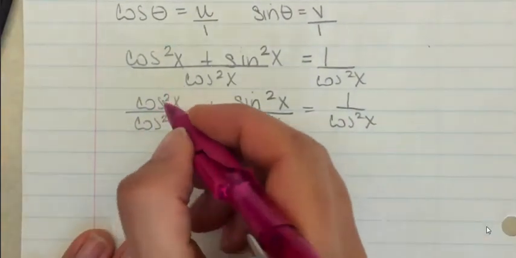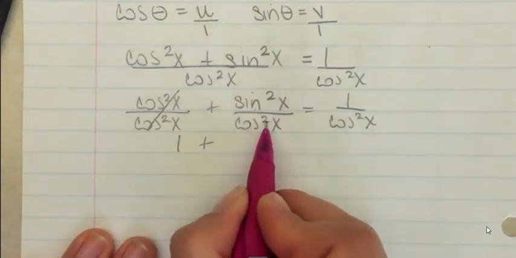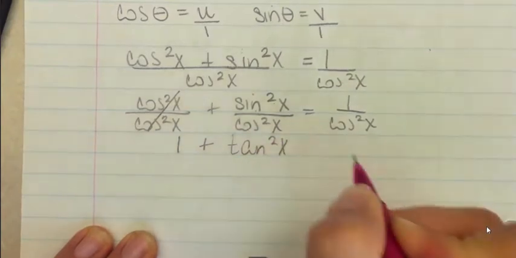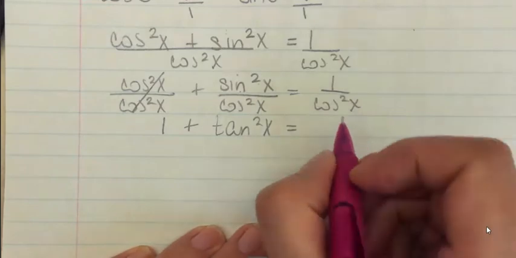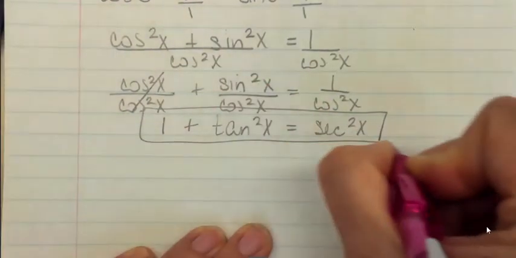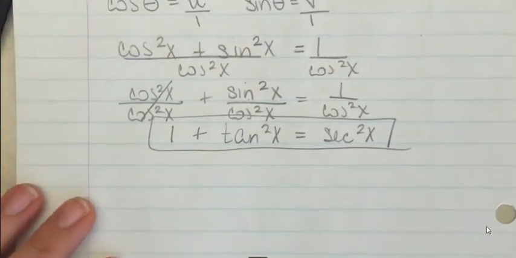Cosine squared x over cosine squared x is 1. Sine squared over cosine squared of x is going to give you tan squared of x. And then 1 over cosine, well, that's secant, and if we do it squared, then it's secant squared x. So there's another Pythagorean identity. Notice I'm using the x's and the thetas interchangeably.